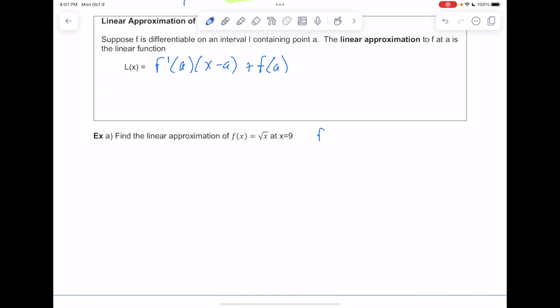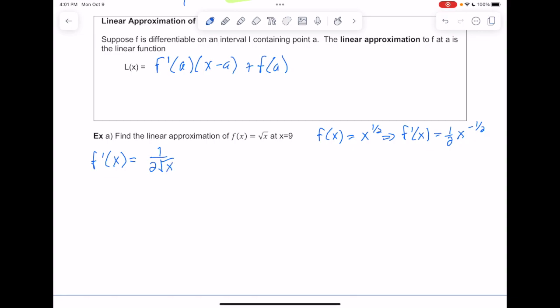So f of x is x to the 1/2. So that means that f prime of x would be 1/2 x to the negative 1/2, or f prime of x would be equal to 1 over 2 times the square root of x.